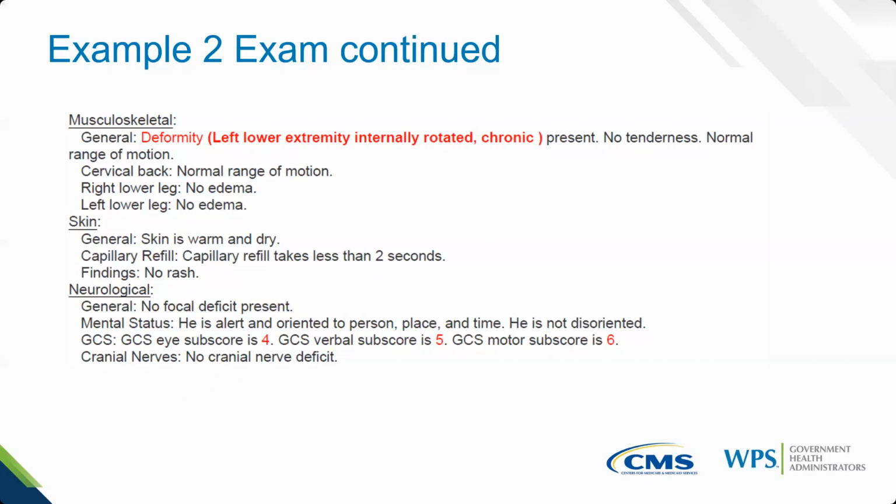We do have a general deformity under the musculoskeletal, where the left lower extremity is internally rotated, and I'm sure that's from the cerebral palsy. When you look at the exam part here, there's nothing else that's listed. There's no findings for an exam, etc.